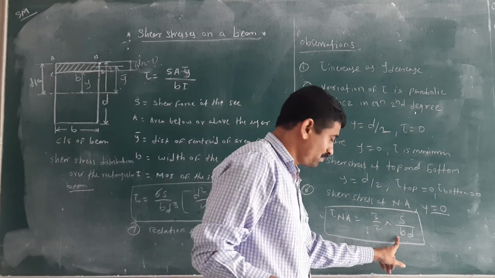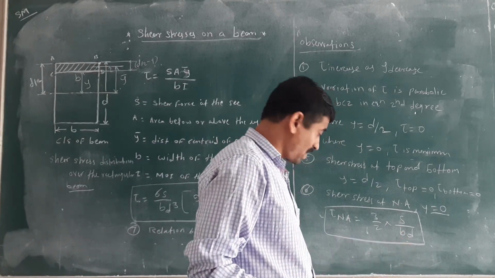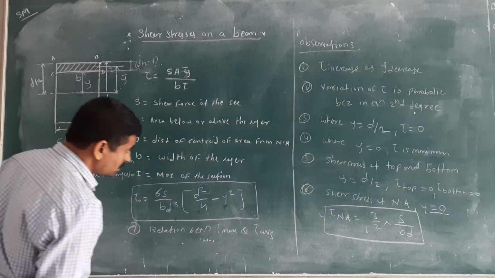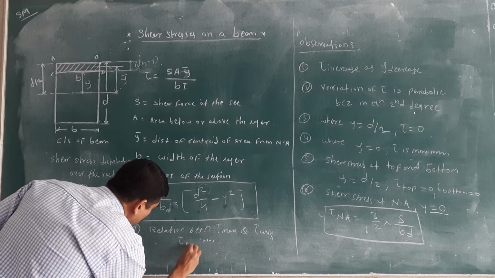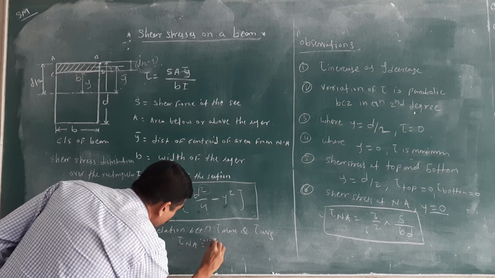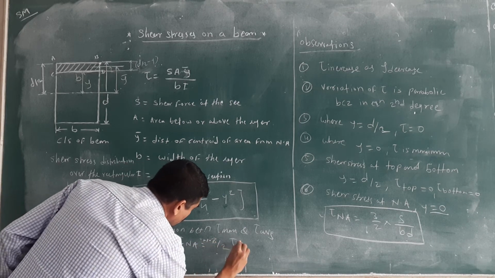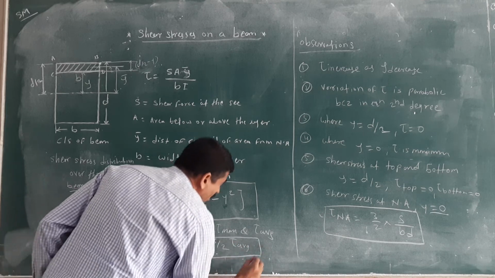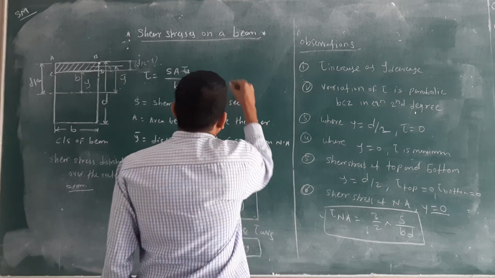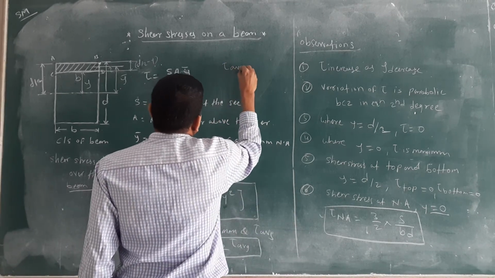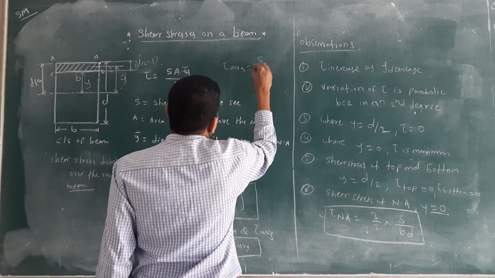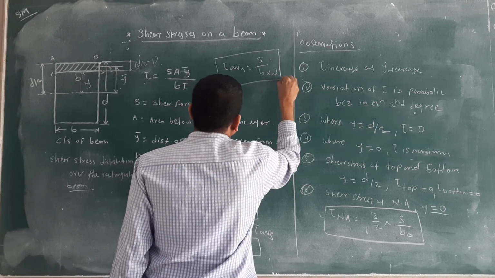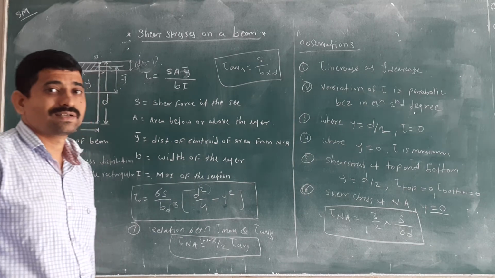S divided by bd means shear force divided by area, force upon area. This value is tau average, and tau NA is equal to 3 by 2 tau average. Tau average is equal to S divided by bd, shear force upon shear area.